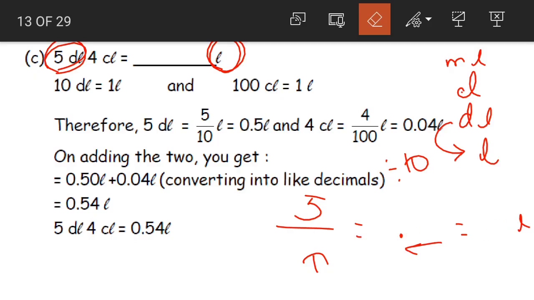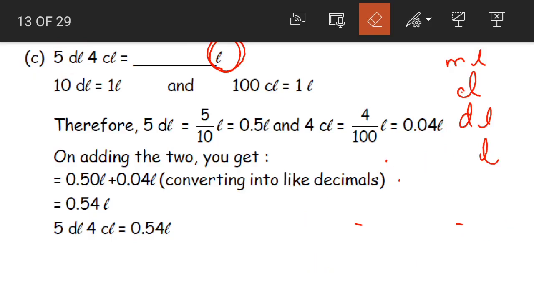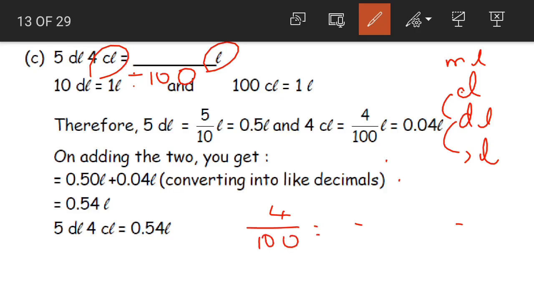Now coming to the next one. What is the next unit of measurement given in the question, children? We have centiliters. So centiliters to liters. 1, 2. 2 jumps. So we need to divide it by 100. 4 divided by 100 is equal to, first the denominator is a 3-digit number.